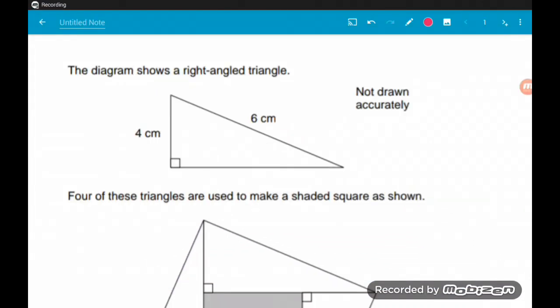Okay then, episode 1. So, here we're given a right angle triangle which has side lengths 4 centimetres and a hypotenuse of 6 centimetres, and we don't know the third length.